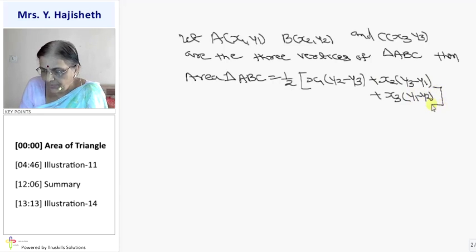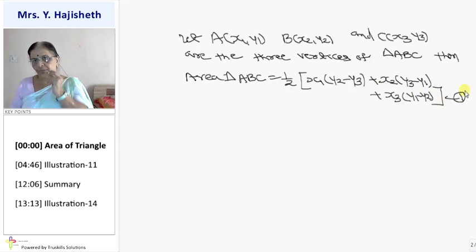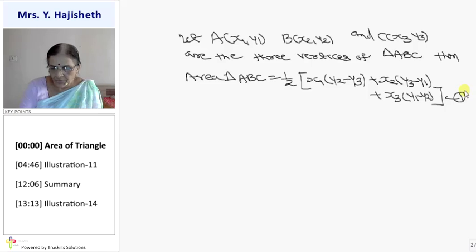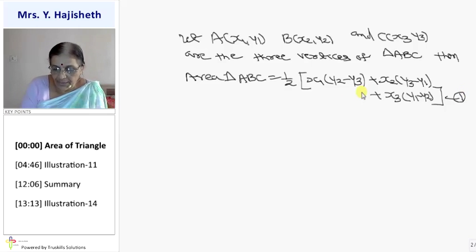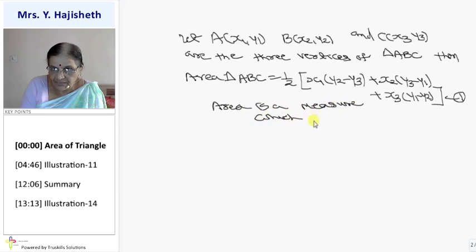Here I will take the numerical value of this, because the value can be negative or positive, but area cannot be negative. Area is a measure which cannot be negative.